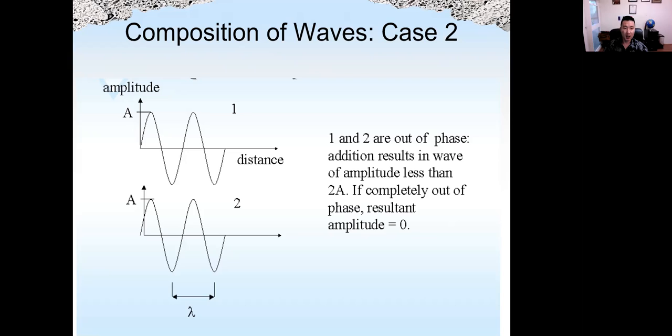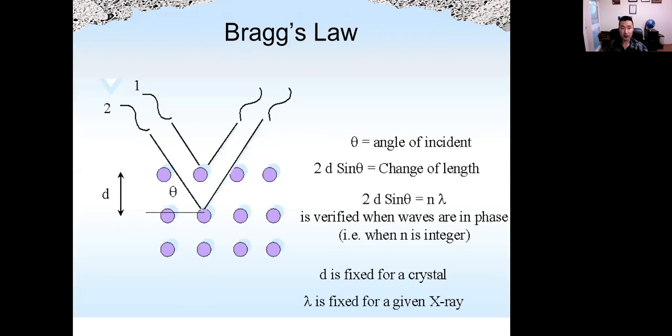For example, at a certain point, wave 1 has amplitude minus A, the lowest point, and wave 2 has the highest point, A. Then these two waves will offset each other. In that case, we say these two waves are completely out of phase, and the resultant amplitude will be 0.